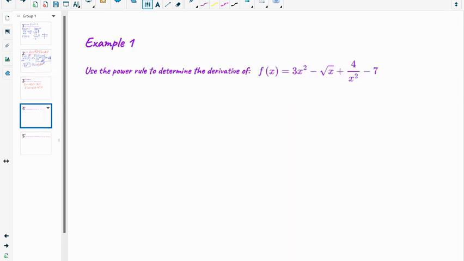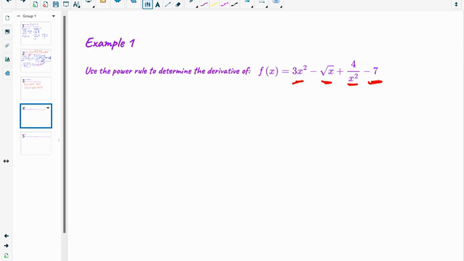Okay. So here we have, use the power rule to determine the derivative of f of x equals 3x squared minus square root of x plus 4 over x squared minus 7. So what I tried to do was fit all our rules into one function so we could see this out. Now, that last rule we talked about means I can take each of these functions separately as a derivative and then bring them back together at the end.